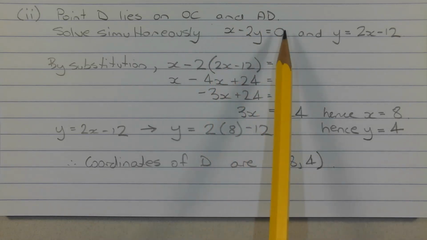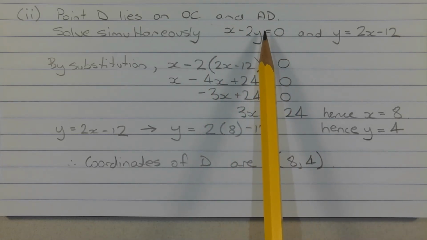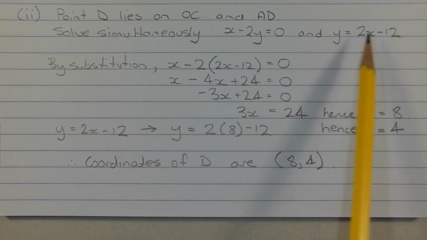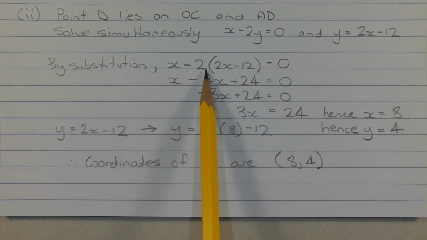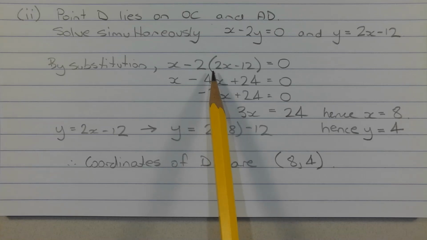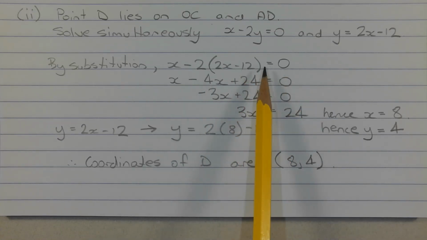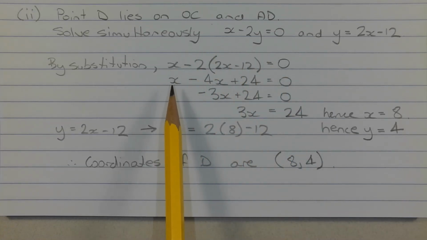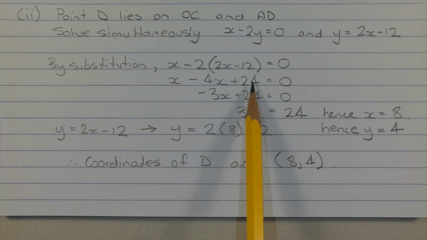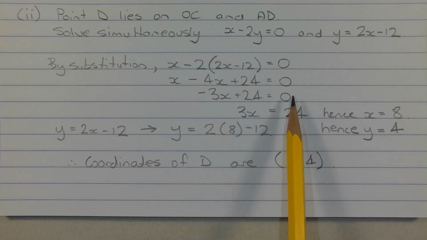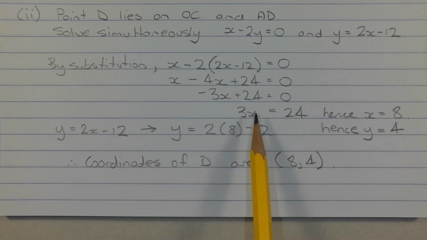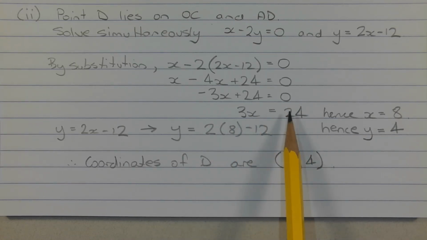In the equation x minus 2y equals 0, I'm going to substitute 2x minus 12 for y. So we get x minus 2 times (2x minus 12) equals 0. Expanding the brackets, we get x minus 4x plus 24 equals 0. Combining like terms, we get negative 3x plus 24 equals 0, which gives us 3x equals 24. Dividing both sides by 3, we get x is equal to 8.